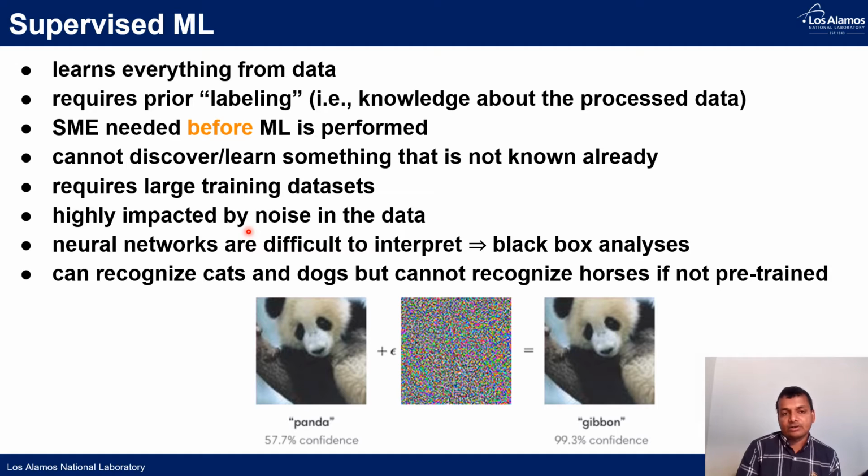However, it cannot discover what is not already known, and it requires a large training dataset. It is also highly impacted by noise in the data, and most importantly, it is hard to interpret a supervised machine learning model. Mostly, if you introduce a little noise, it can disrupt the model.